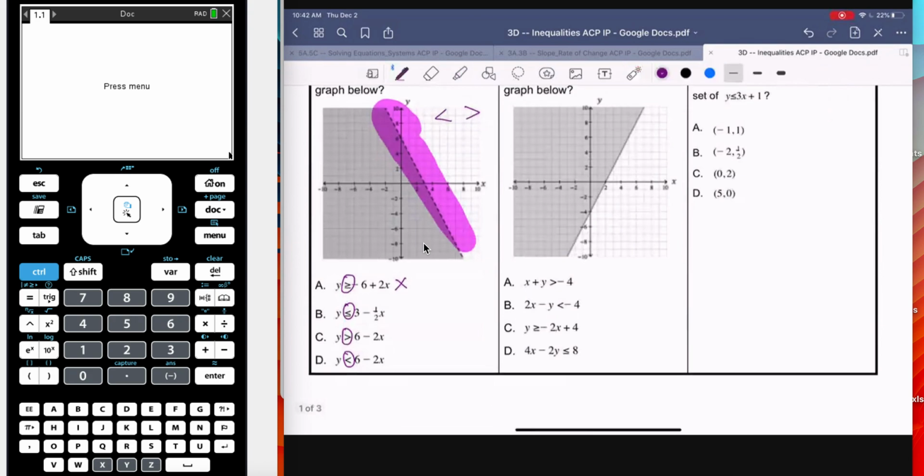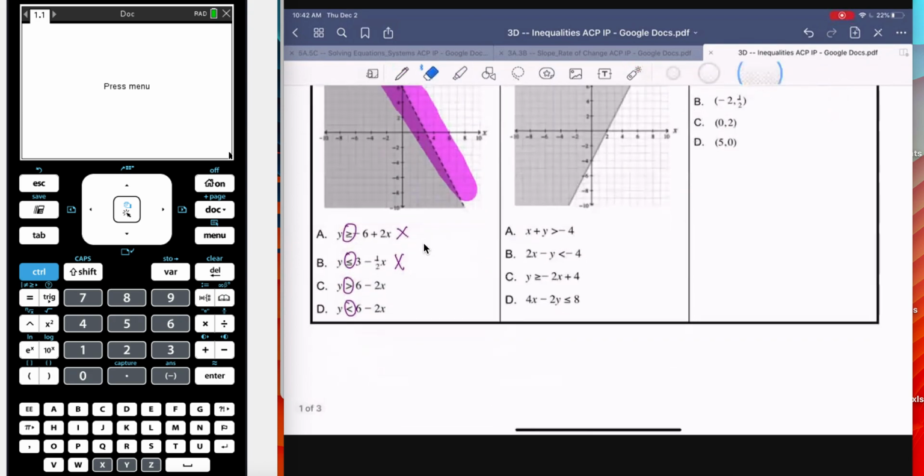Same for B, it would not be correct for the same reason. So I'm down to C and D. The only thing that's different about these two answer choices is this one says y is greater than, this one says y is less than.